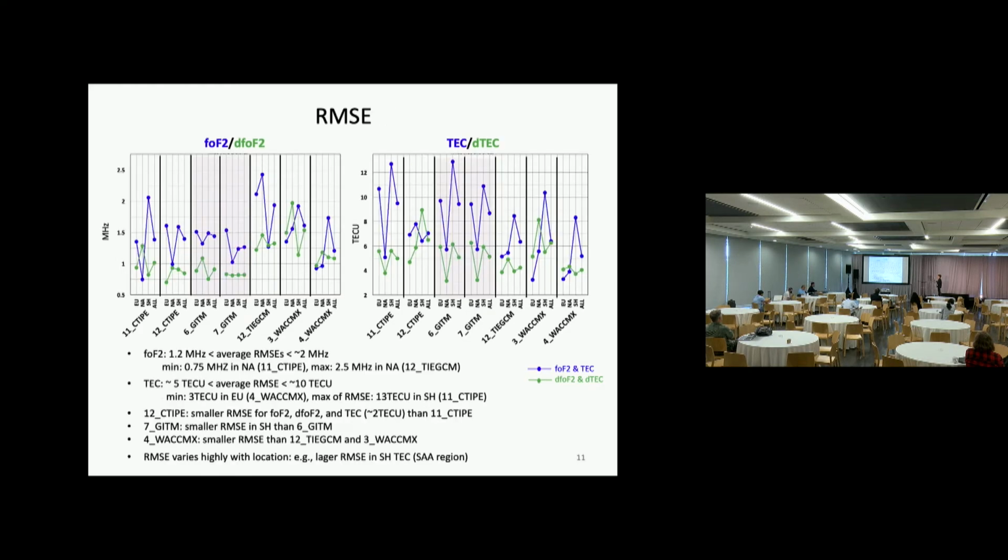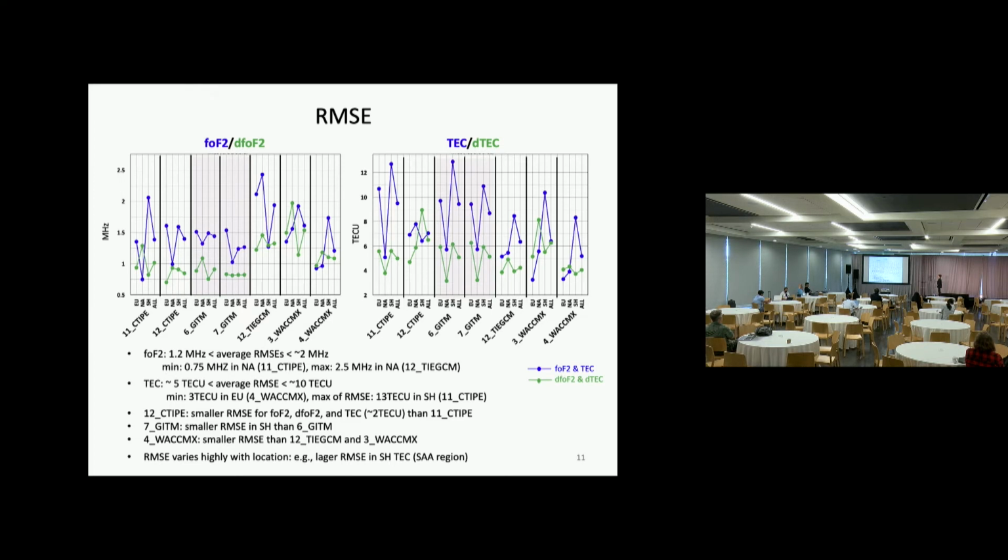Okay, this is the root mean square error for foF2, the change in foF2, and also TEC. The average root mean square error for foF2 ranges from 1.2 to 2 megahertz, and for TEC from 5 TEC units to 10 TEC units. The new version of CTIPe has smaller root mean square error than the old version, and the new version of GITM showed better performance, especially in the Southern Hemisphere, than the older version.